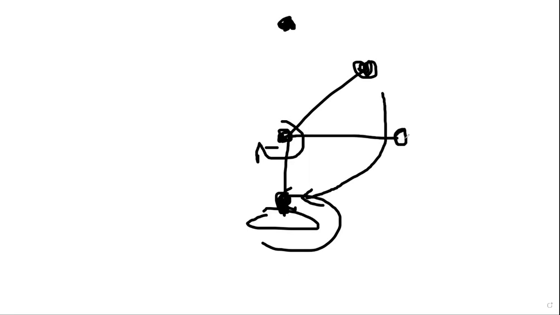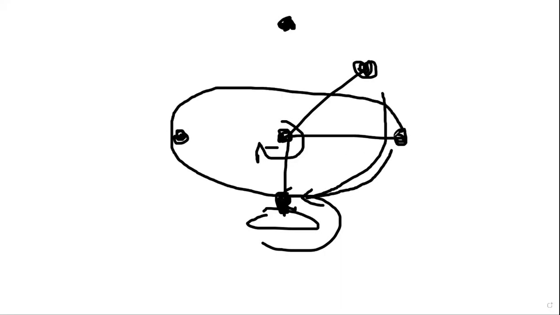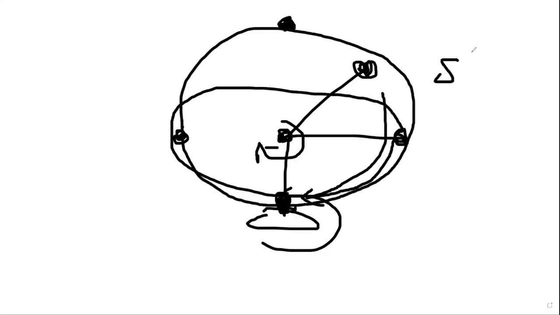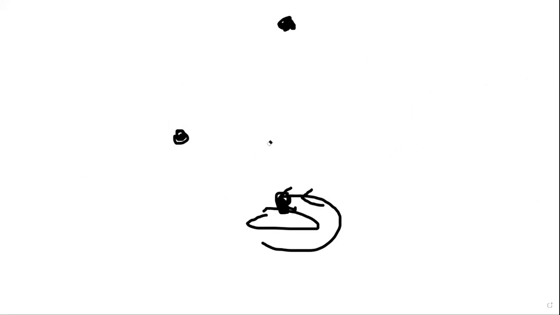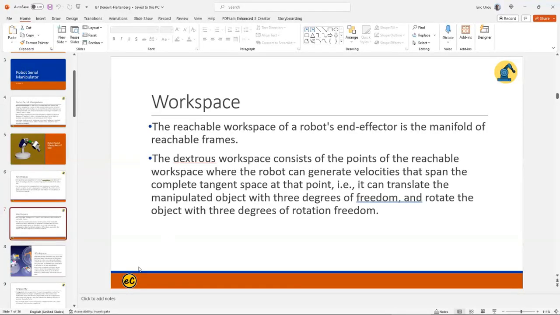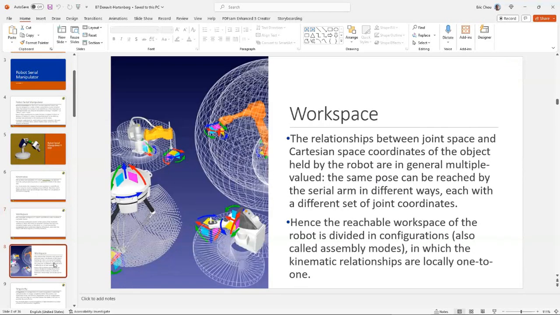So in the middle you can reach here and here. You can rotate 360 degrees, so basically the workspace for this one would be a sphere. It's moving around and making the whole ball. That is where your end effector can reach. This geometrical model that your end effector can reach, we call it the workspace.